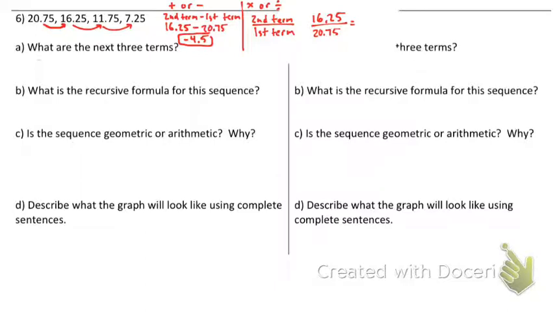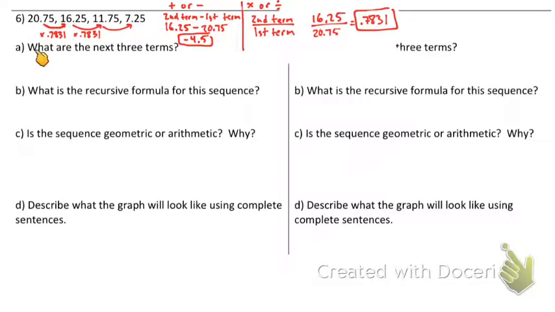We get this number. Okay, I'll leave it in decimal form. What this number tells us is this is what I should be multiplying. So I should be multiplying 0.7831 to get to the next term. And then you would test this guy out to see if it works.